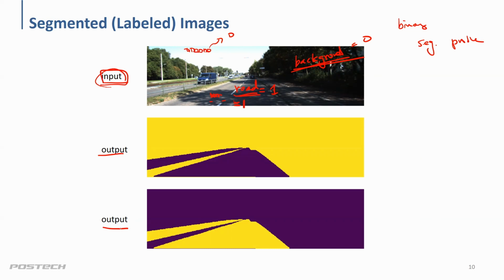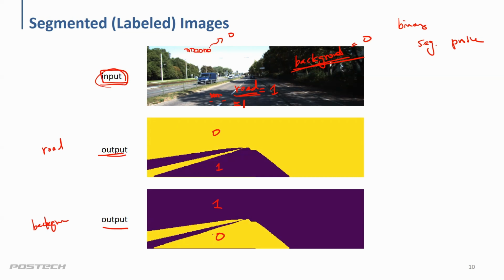Actually, you have two outputs. You can think of it as one-hot encoding. If over there it says road and over there background, it's 1 and zeros, and over there it's 1 and zeros.